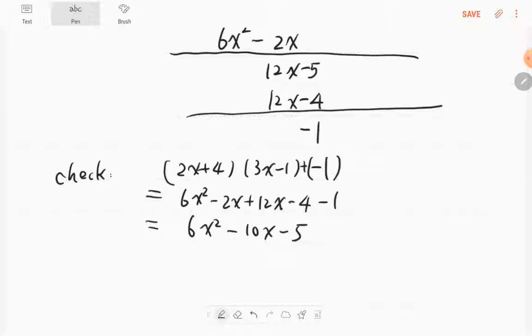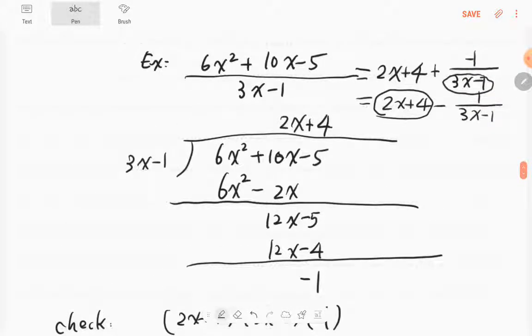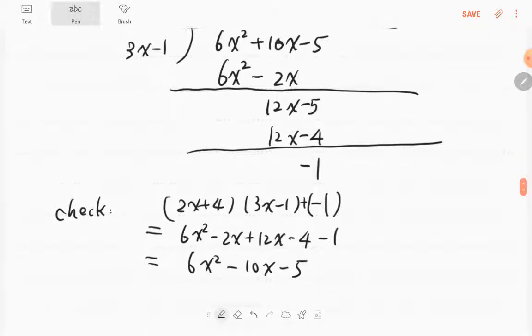Okay? Every time you do the long division, you can always use your quotient to do the multiplication to check your answer. If there is no remainder, so your quotient times your divisor should be equal to dividend. But if there is a remainder, just like this one, you should use quotient times divisor, then plus remainder. You will get the dividend.